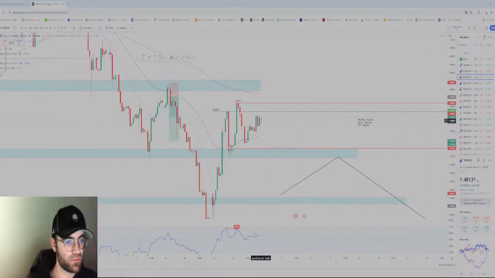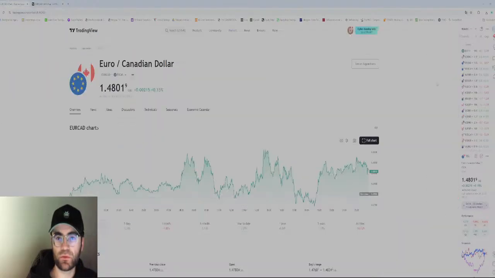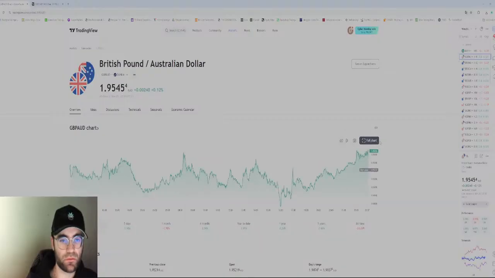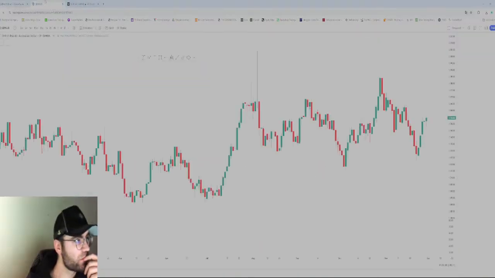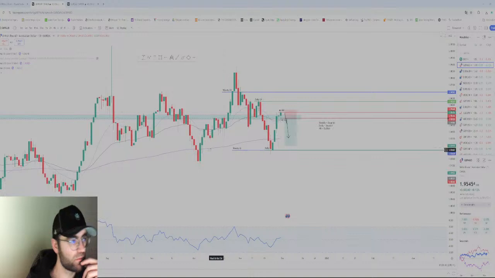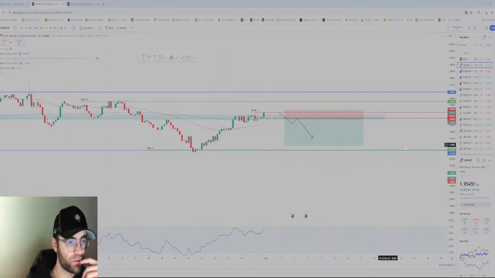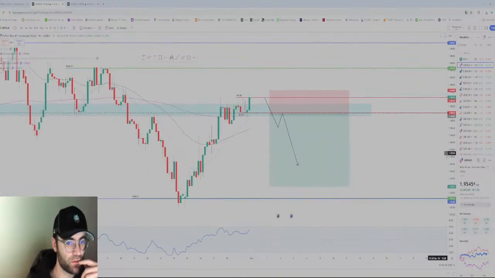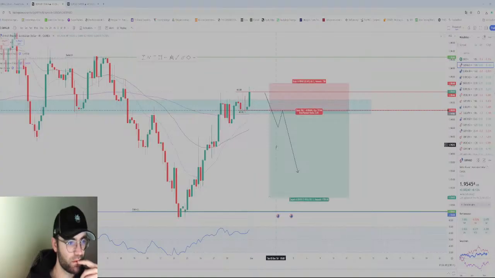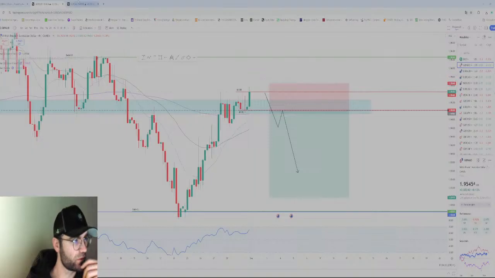I think it will be a pretty similar trade to this one. Let's open it on the other one. Pretty similar to this one, where we will be looking for a shift of structure on the 4 hour, making all time frames bearish again, and then a retest of the area of interest.